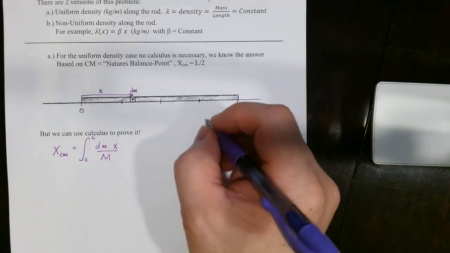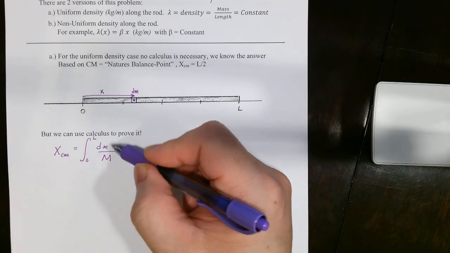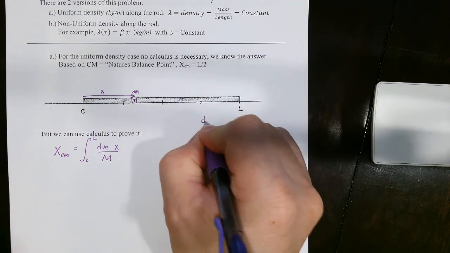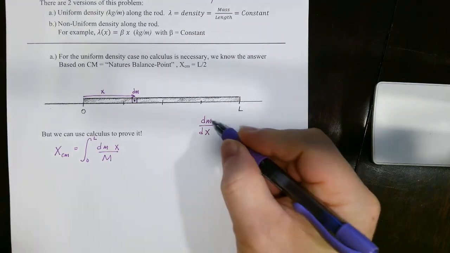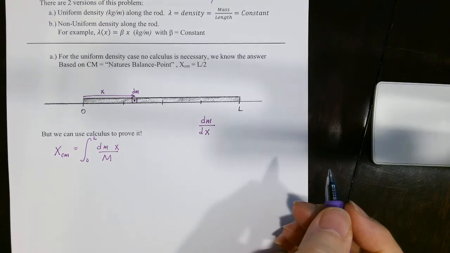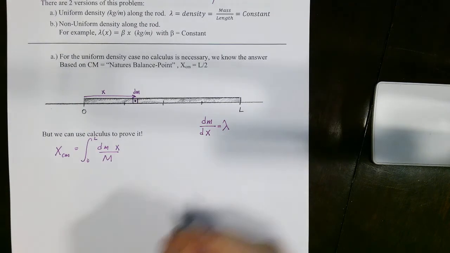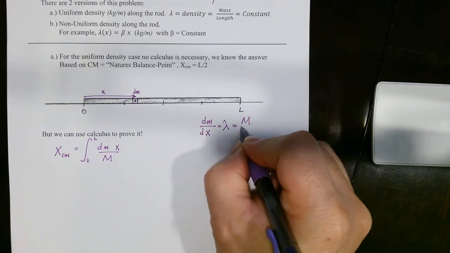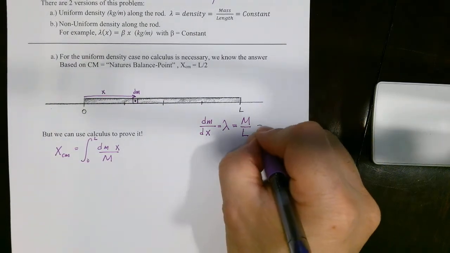So how do we actually fix this little dm right here? Well, you know that dm over dx is the linear density of that little tiny piece, which is represented with lambda. That lambda should be the same as the total mass over total length, which is also constant, right?